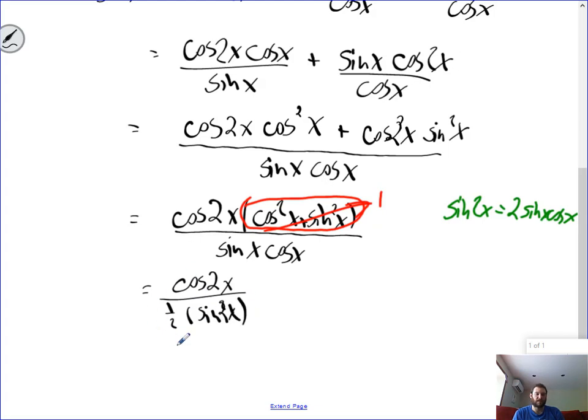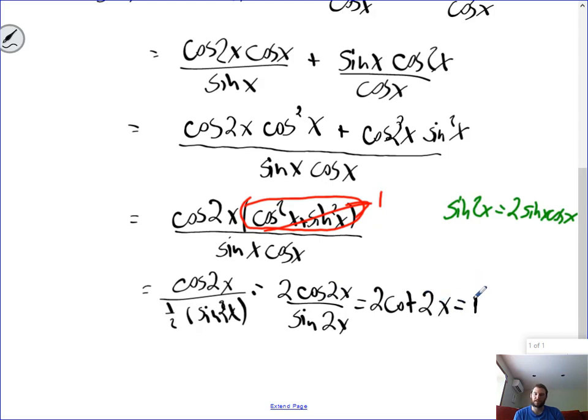And what that means is this half, if I move it up to the numerator, we take the reciprocal, so now we have 2 cos 2x over sine 2x, and then finally apply my quotient identity, and this thing is 2 cotan 2x, which is the right hand side.